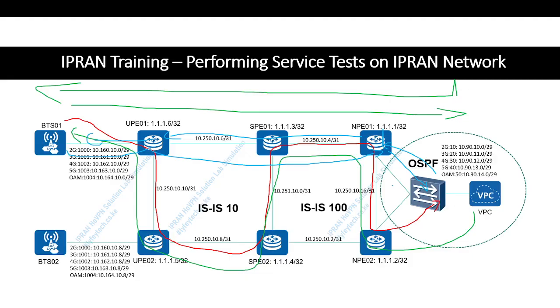Maybe there are some paths that are not accepting, or maybe you haven't implemented MPLS on some links, which means you are not receiving routes on that path. So you need to do proper analysis on the network to ensure that you have symmetric routing. The uplink and downlink should be using a similar path, and then you should be okay on the network.